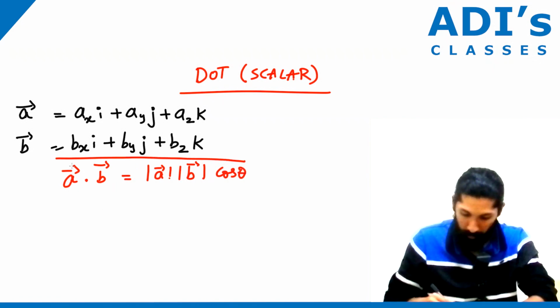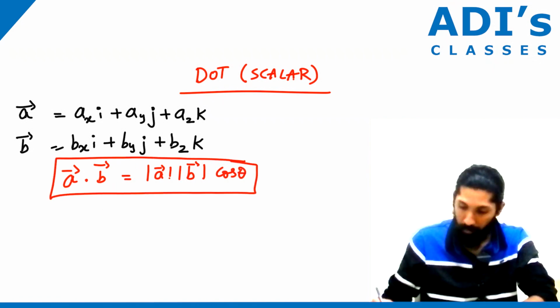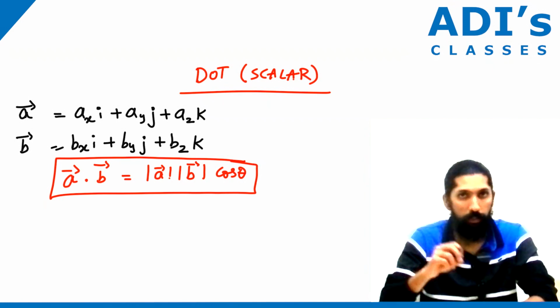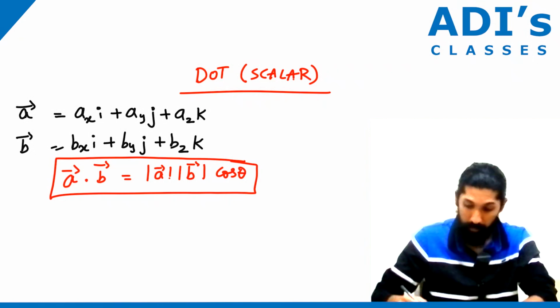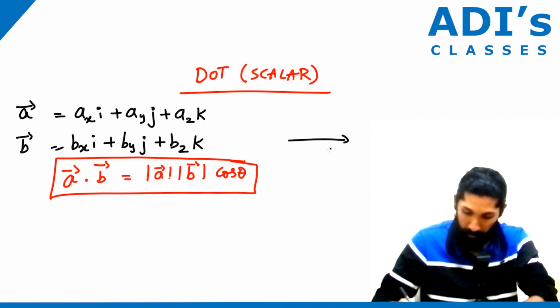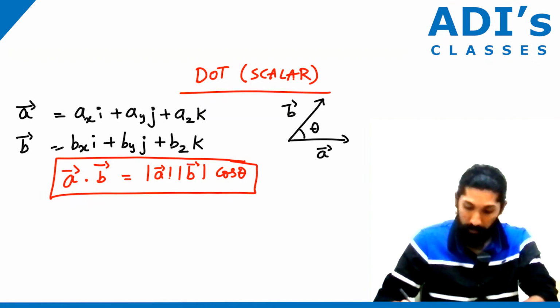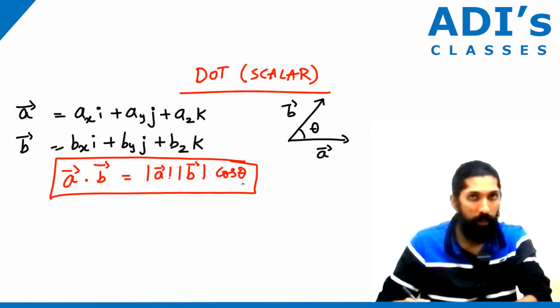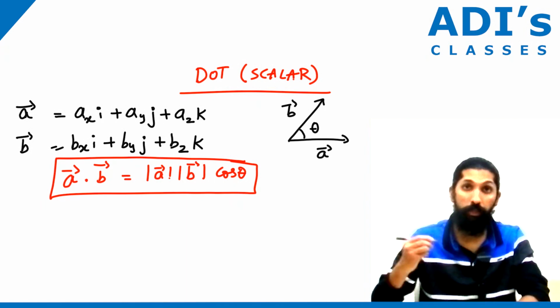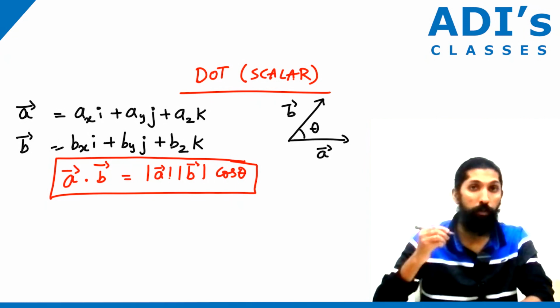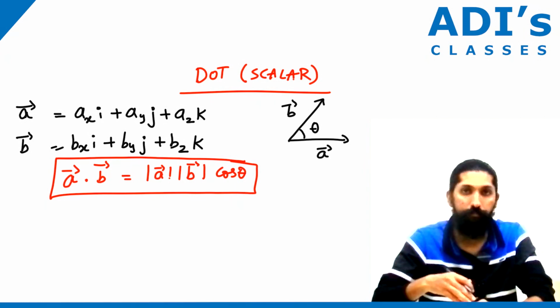This is how we define the dot product. Theta is the angle between the two vectors, vector A and vector B. If this is vector A and this is vector B, the angle between them is theta, and we take the cos of that angle theta. Fair enough? This is how a dot product is defined.